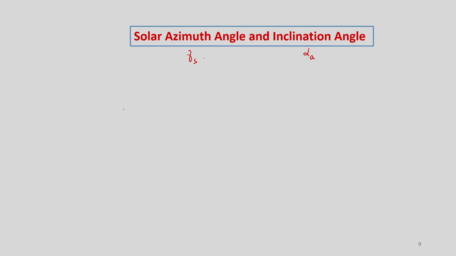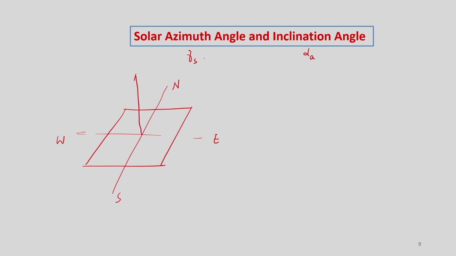Let us draw one horizontal surface, and maybe we will find the center here. This is north, this is south, east, and then we have west. Normal to this horizontal surface is something like this. And solar radiation is falling from here.